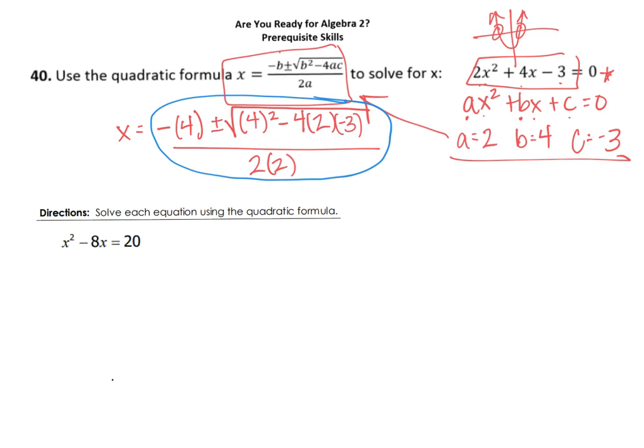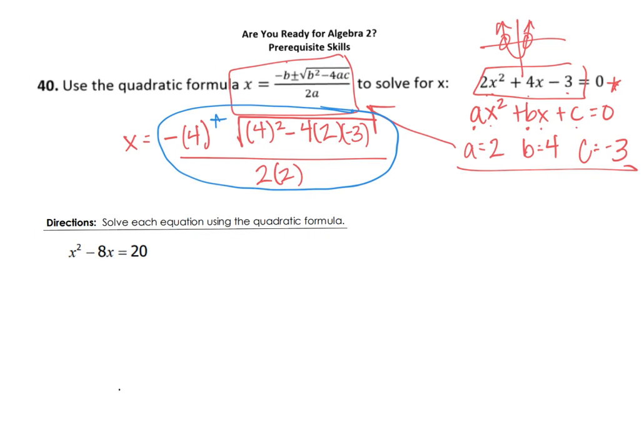The one difference is your calculator does not have a plus or minus button, which just means you need to do this problem 2 different ways. The first time I would use the plus sign, and then the next time I would change it to a minus sign. So you are going to get 2 answers here because a parabola can cross the x-axis 2 different times.